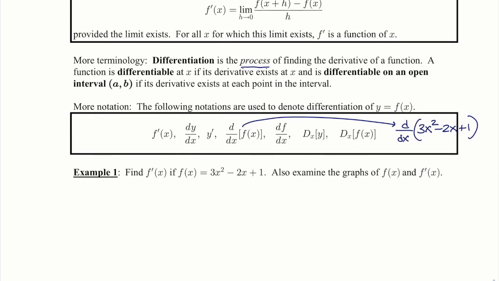So example 1, we're trying to find f prime of x if f of x is 3x squared minus 2x plus 1. And then we want to look at these graphs for f and the derivative. So again, rather than finding the derivative at a specific point, we're just finding this function that represents the derivative at any input x.